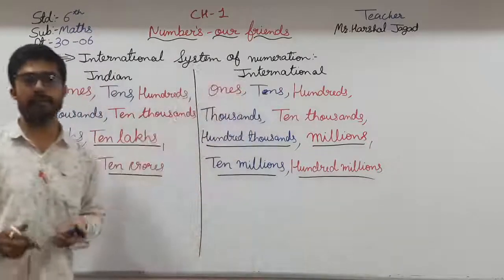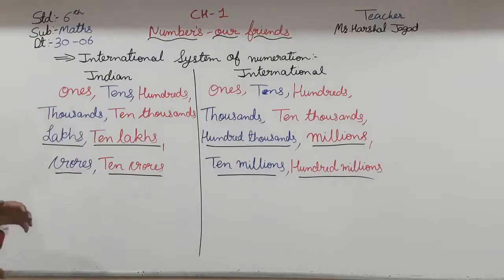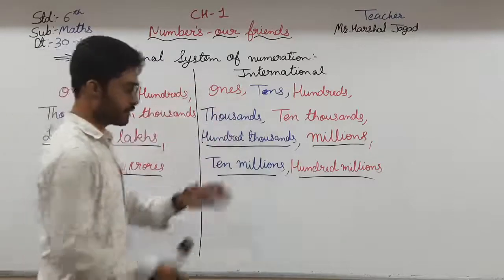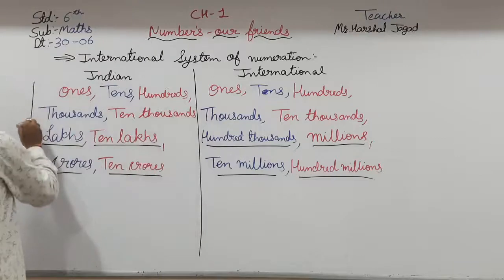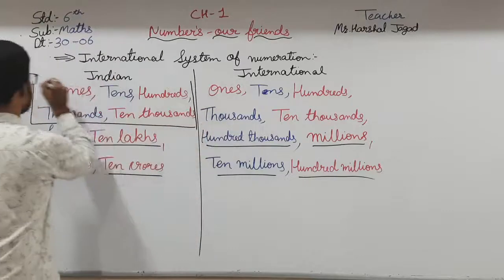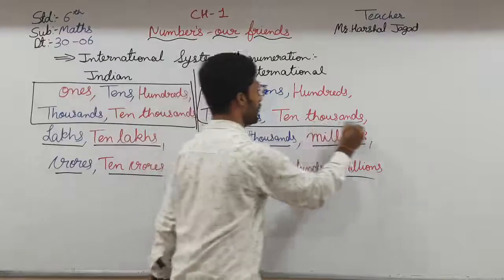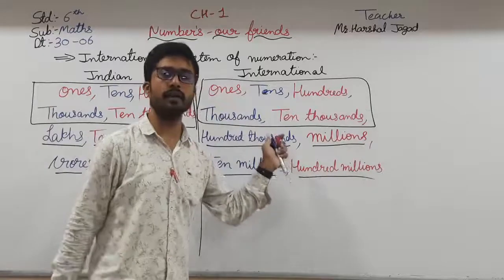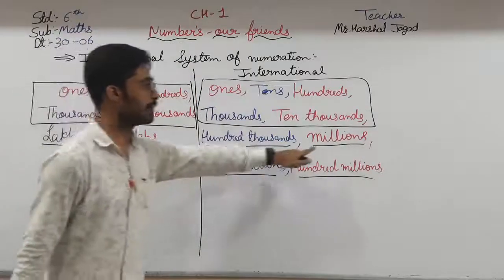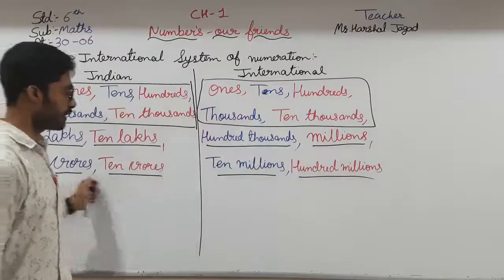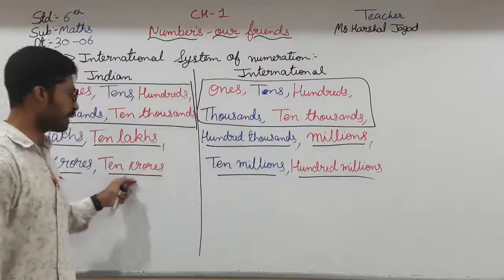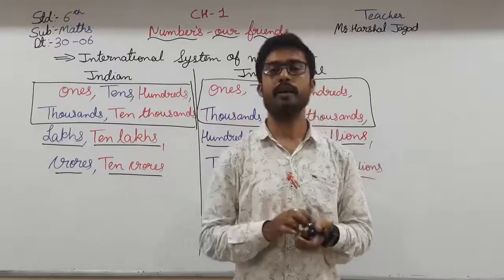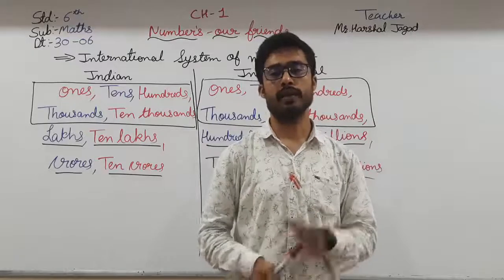Okay, so this is the main difference between the Indian system and the international system. Ones, tens, hundreds, thousands, 10,000s will be the same. Here it will be lakh and here 100,000. Here 10 lakh, then million. Then crore, then 10 million. Then after 10 crores, it is 100 million. Okay, students, if you want to write this, you can write it down. It is also there in the previous class textbook.